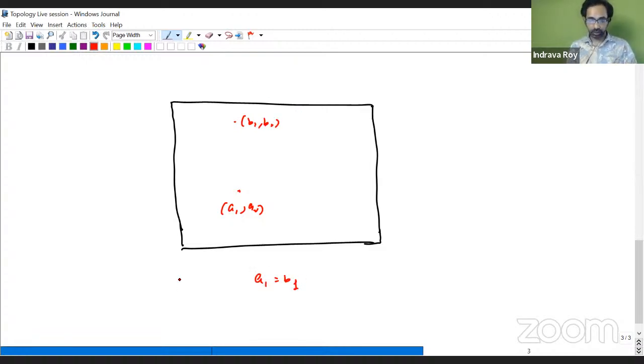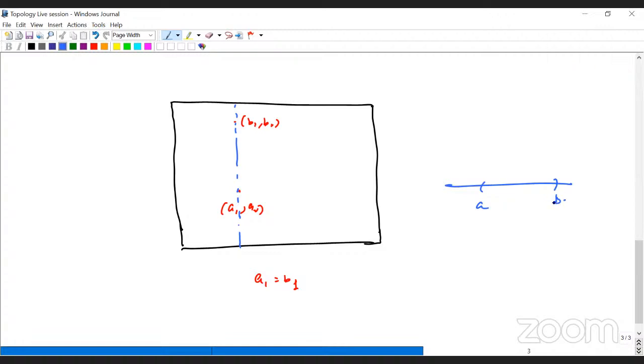If it's on the same vertical line, then the order relation on this vertical line is the same as the order relation with respect to the real numbers, because you are fixing the first coordinate, and the order relation just considers the second coordinate. So it's the same as the usual order relation on the real line.